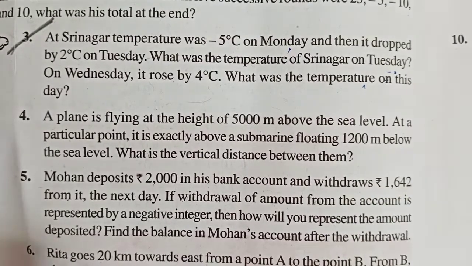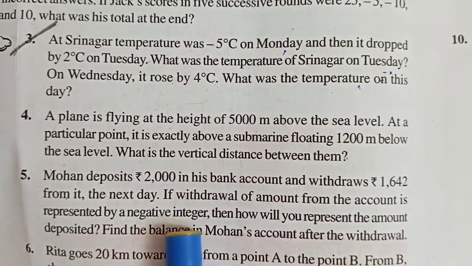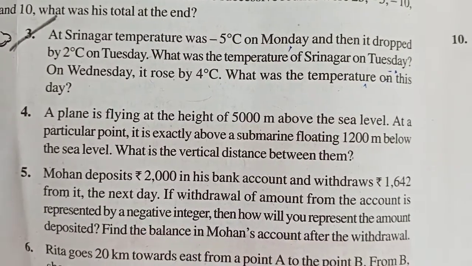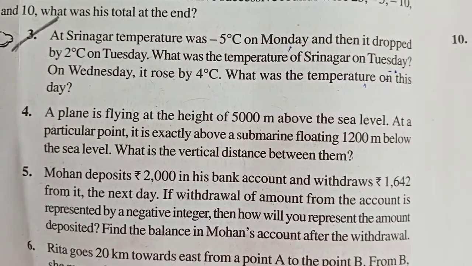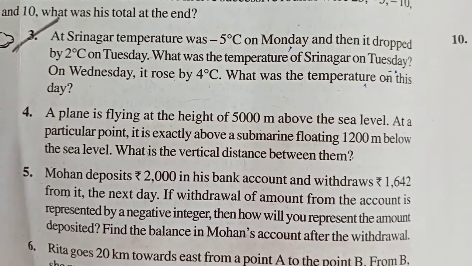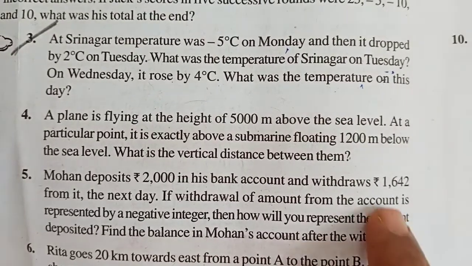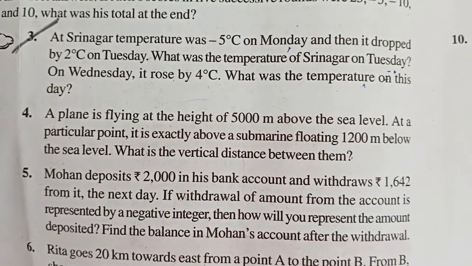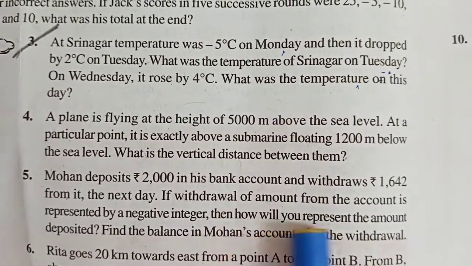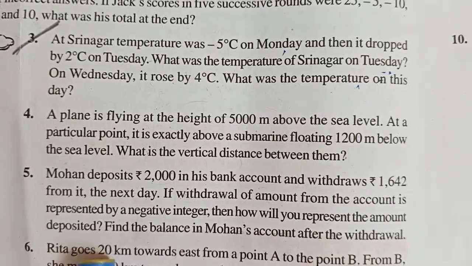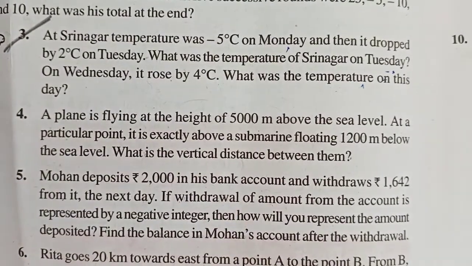1642 rupees. Okay, if withdrawal of the amount from the account is represented by a negative integer, they are telling us they always want to show the withdrawal amount as a negative number. That means whenever we are taking out, they want to represent it as minus 1642. Whatever is withdrawn is shown as a negative number. Okay, then how will you represent the amount deposited? See, both are opposite. Deposit and withdraw are opposite terms.